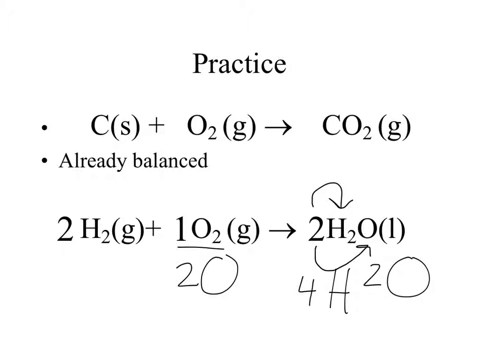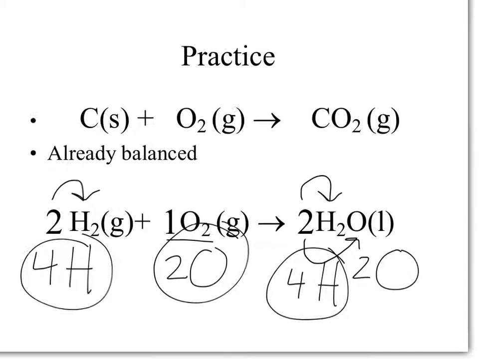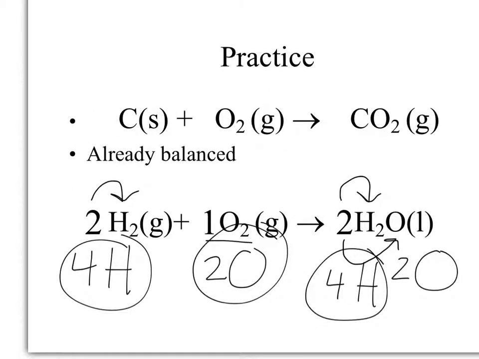So because of that, it affected the hydrogen over here, and we had to do 2 times 2 hydrogen to make 4 hydrogen. So 4 hydrogen on the reactant side, 4 hydrogen on the product side. 2 oxygen on the left side and 2 oxygen on the right side.